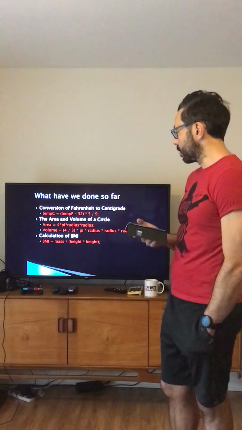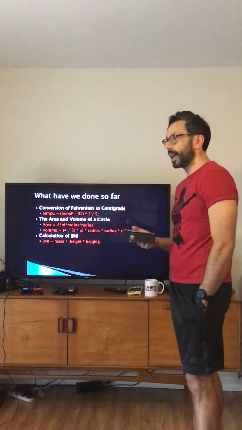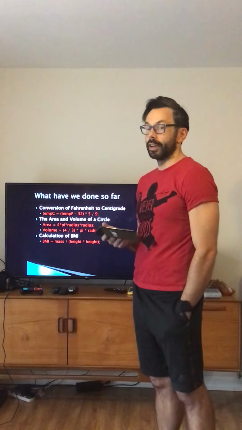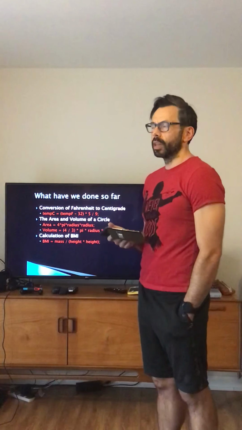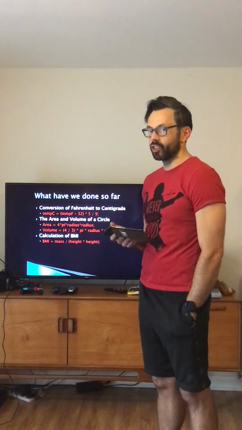The area and volume of a circle, and the calculation of the BMI. Those are the formulas that I provided for you last week, and all you were really doing was inputting a value, performing that calculation and outputting a value.